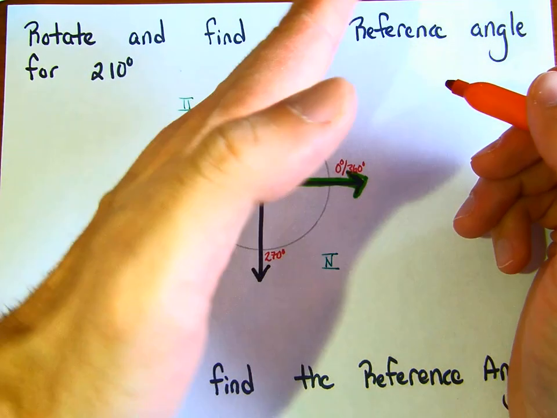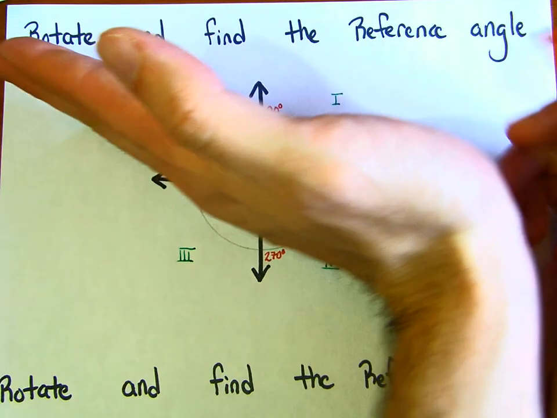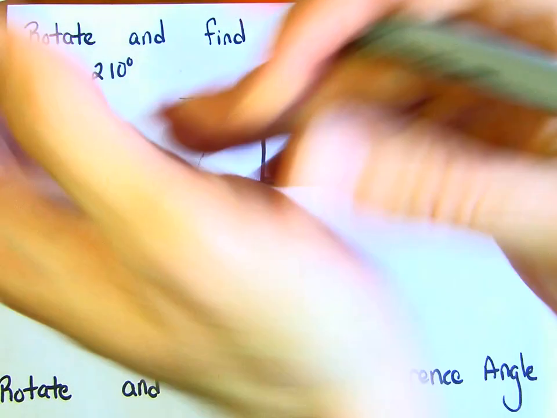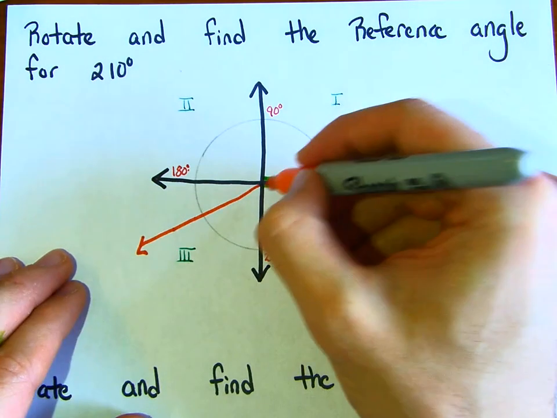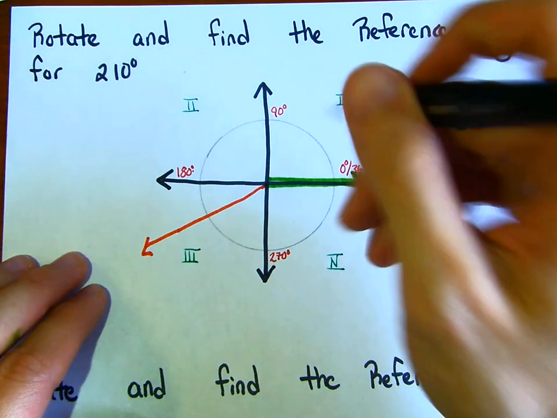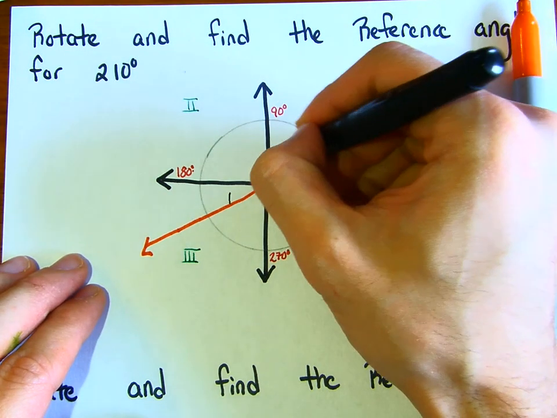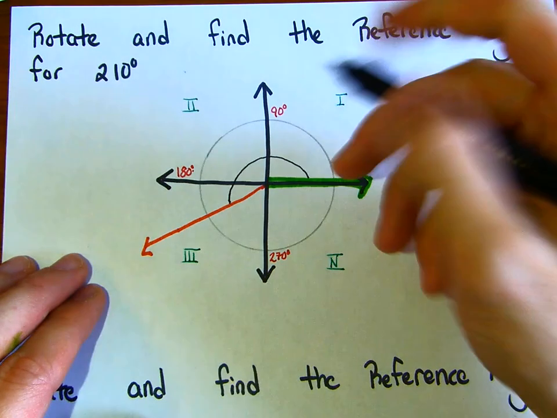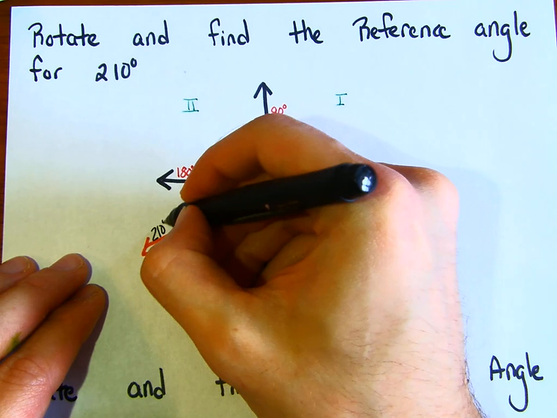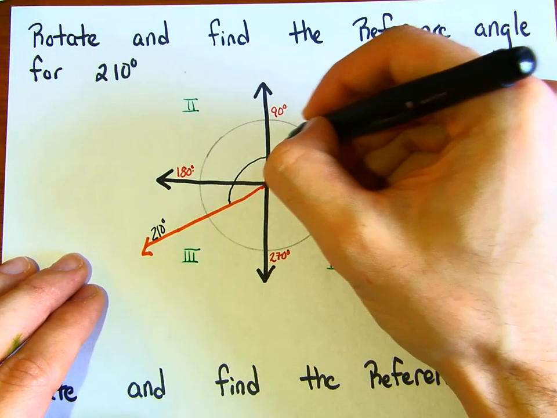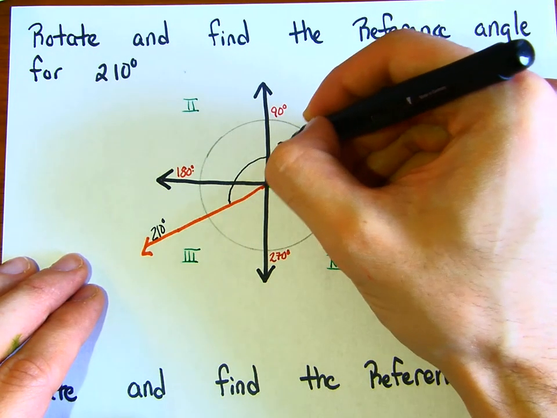We go all the way. I can't bend my hand that much backwards, but it should be somewhere here, okay? So notice that this rotation from here to here, because you started at 0 and now you're at 210 over here, this rotation is 210 degrees, okay?